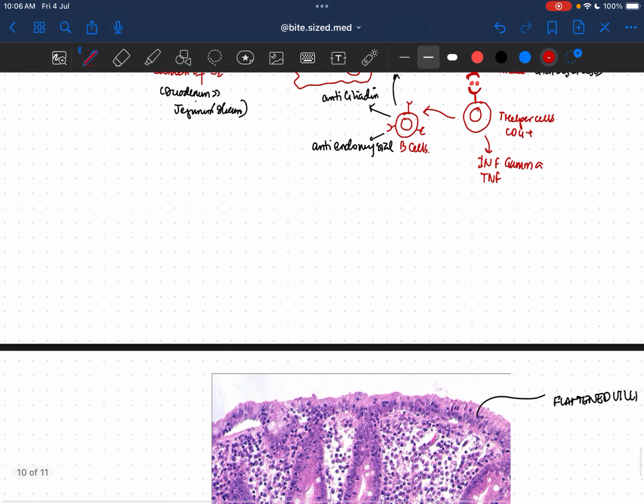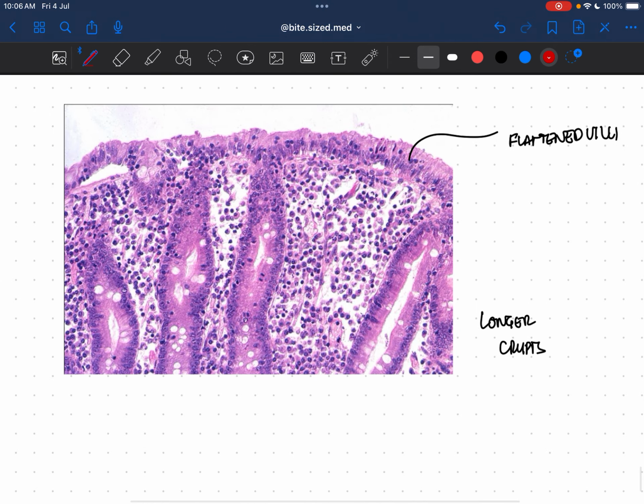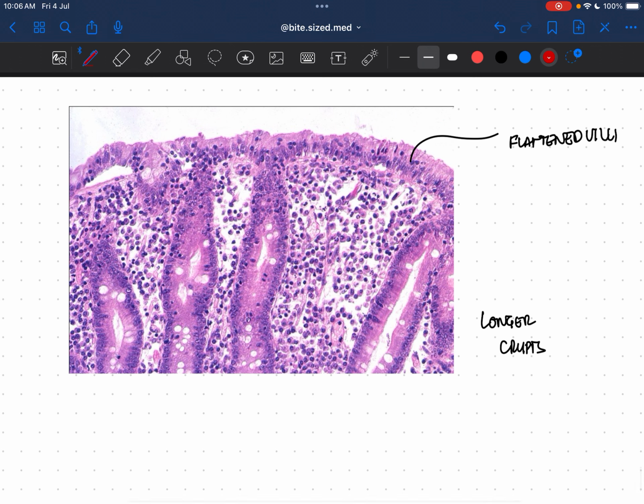Now, because of this, what we see during biopsy, as I've already said, duodenum is from which we biopsy for suspected celiac disease patients. So a normal duodenum in histopathology should look something like this, with its long, tall villi and short crypts. Sorry.